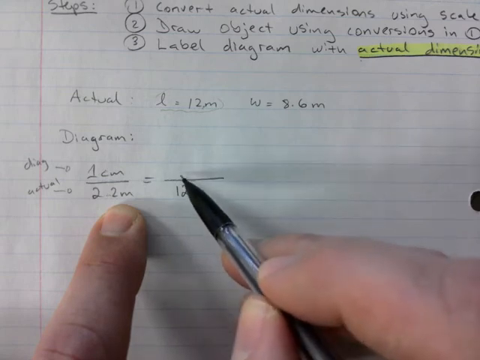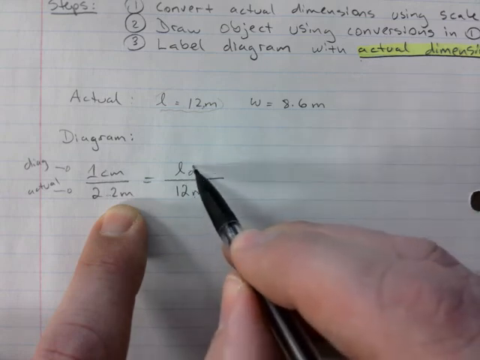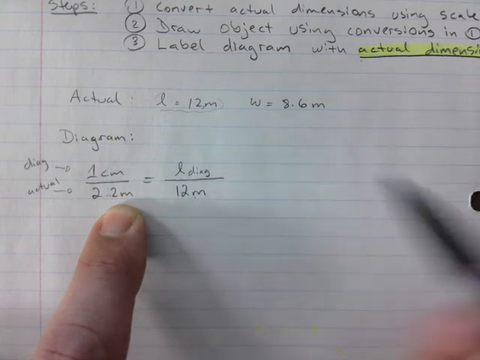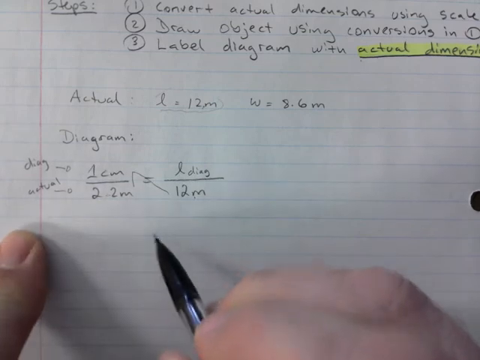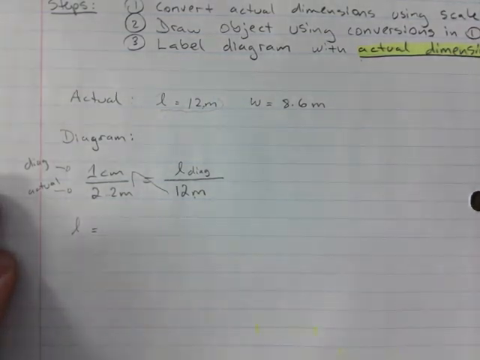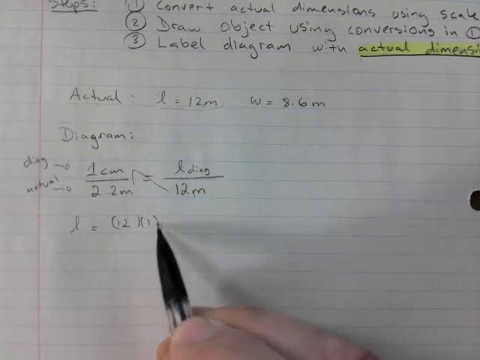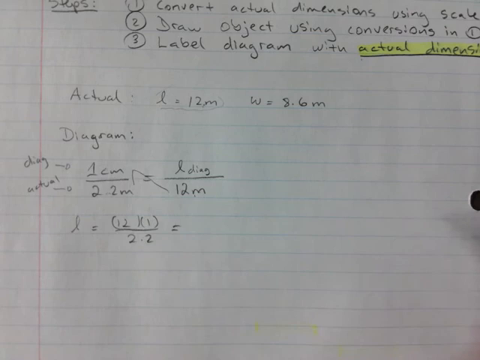Okay, so we'll call this length of the diagram. So you cross multiply and divide. So you go 12 times 1, divided by 2.2, and you get 5.45.